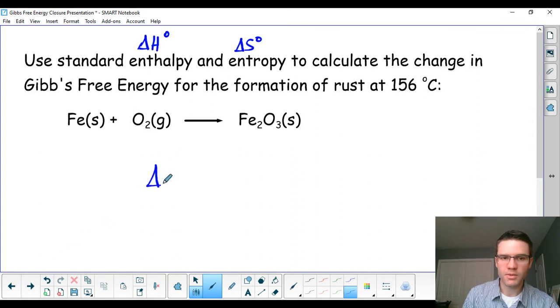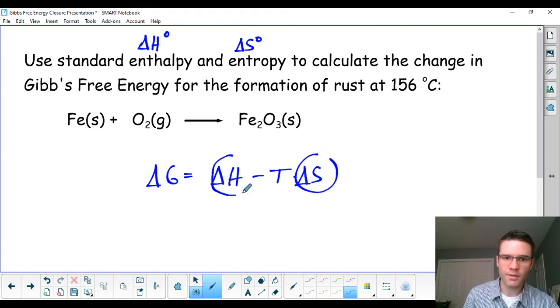My Gibbs free energy equals my change in enthalpy minus temperature times my change in entropy. These values you'd have to calculate for this particular problem, and then plug in our temperature. This is another indication that we can't use the first equation. The first equation is only for 25 degrees Celsius. Since we're not at 25 degrees Celsius, we have to use this equation, and temperature needs to be converted to Kelvin.